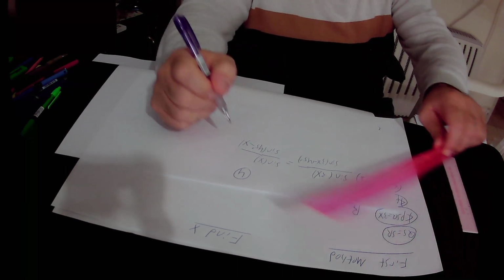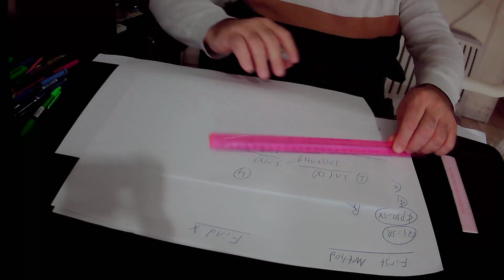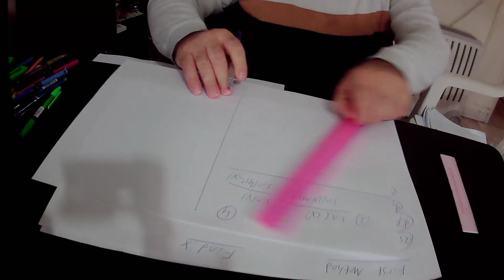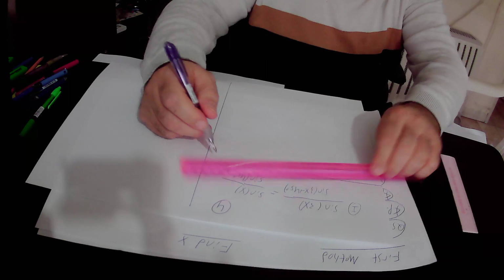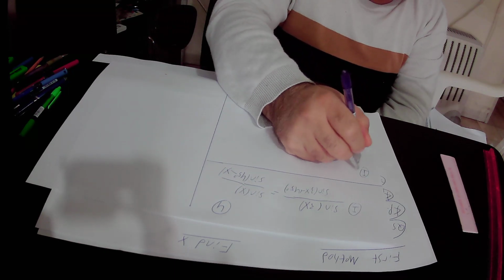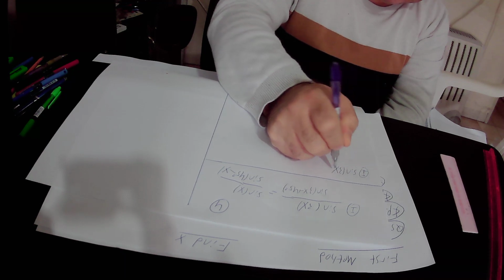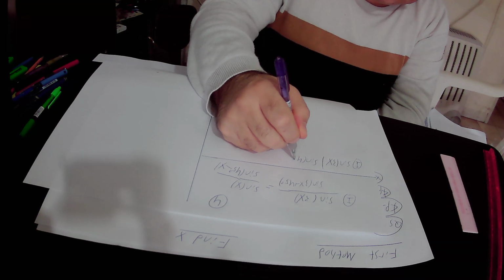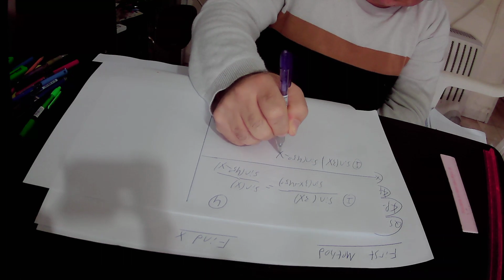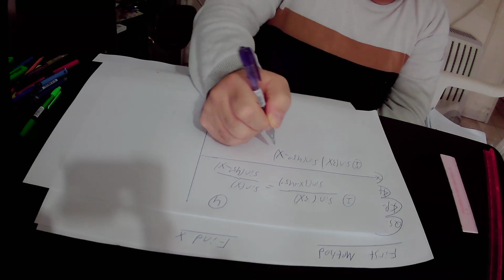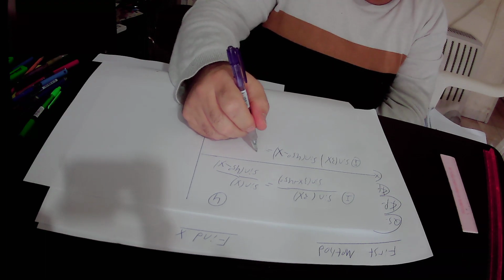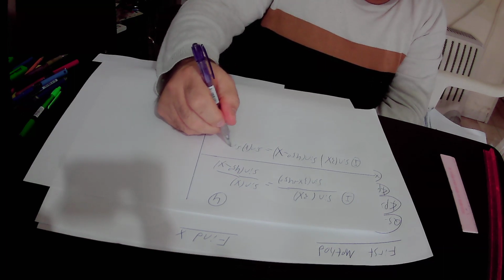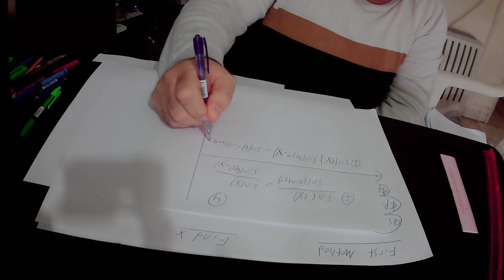So here we will cross multiply equation number 1, and we will get that, according to equation number 1, sine 3x times sine of (45 degrees minus x) is equal to sine x times sine of (3x plus 45 degrees).